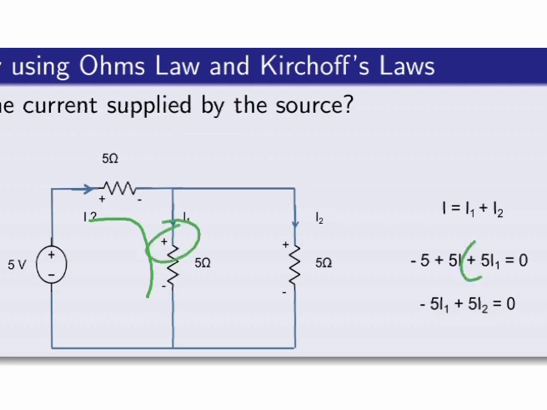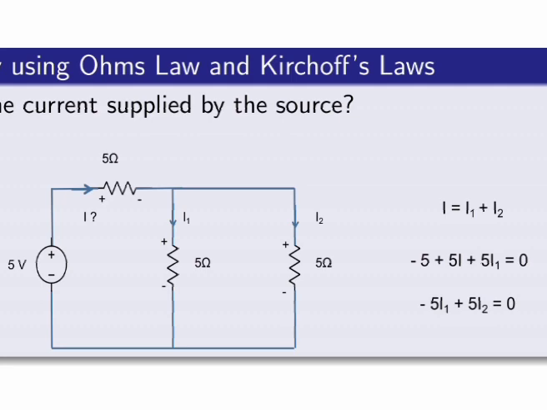So again I write plus, and the value of the voltage is 5 into I1. I1 is the current through this 5 ohm resistance. That's how I obtained this KVL equation.